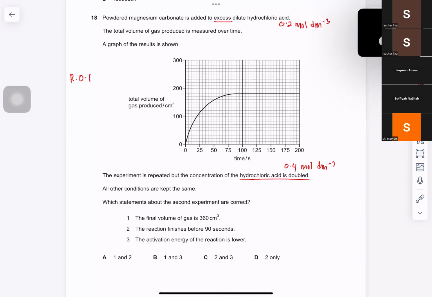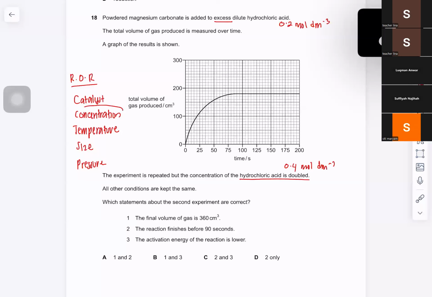So rate of reaction you belajar about the catalyst, concentration, temperature, size, pressure. Okay. So now they involve the concentration tau. Yang lain they keep same. Right? They involve the concentration. So kita ambil concentration.